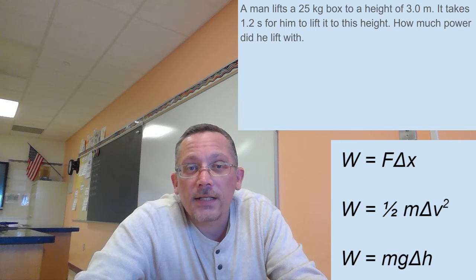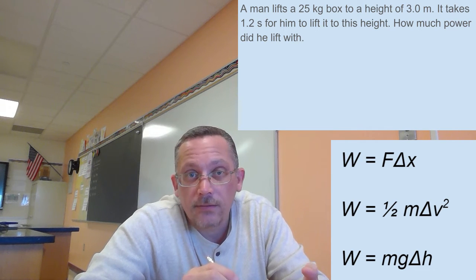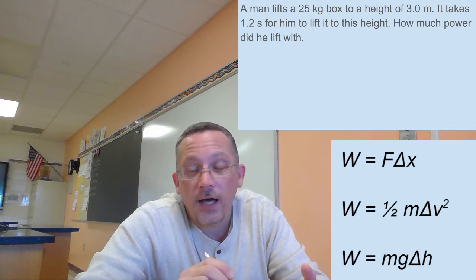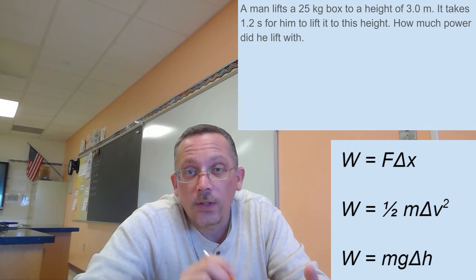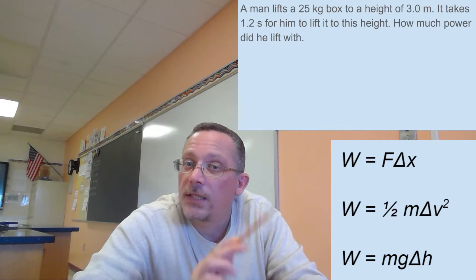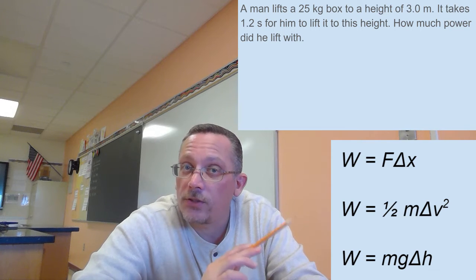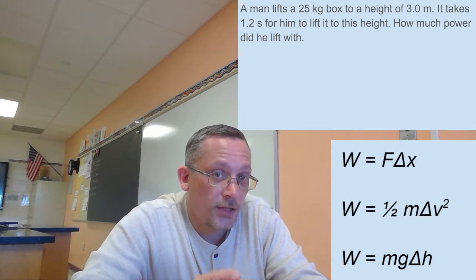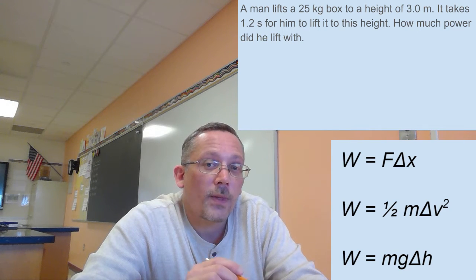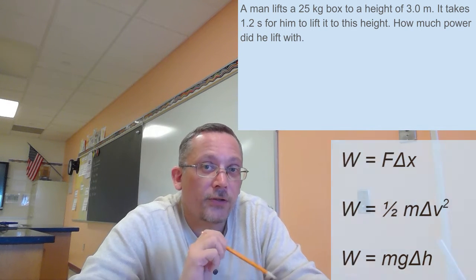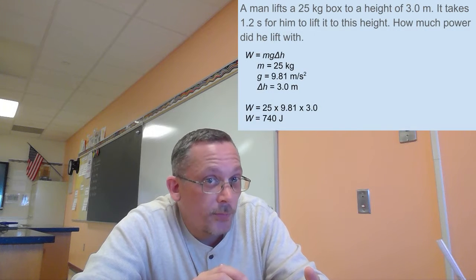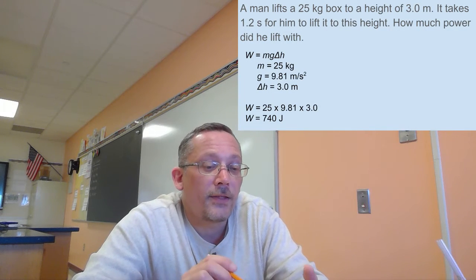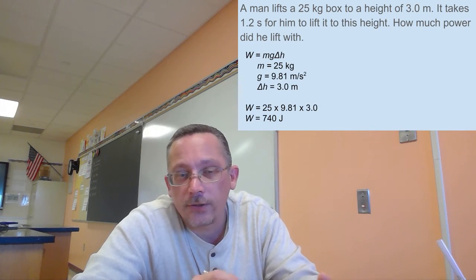I can see that I know the box's mass. I know the height that it lifted to. And one thing I always know is g. So I'm going to choose the equation: work is mass times g times the change in height. The mass is 25 kilograms, g is 9.81 meters per second squared, and the change in height is 3.0 meters.